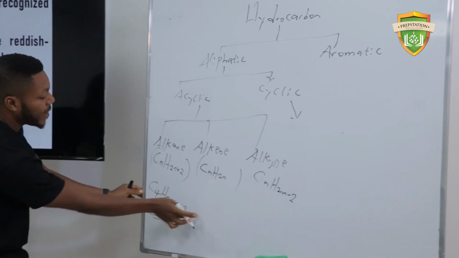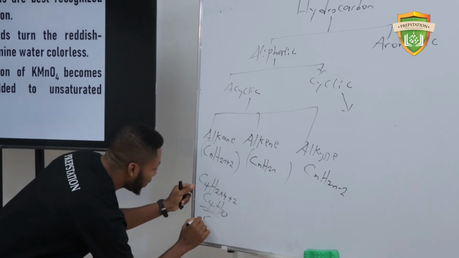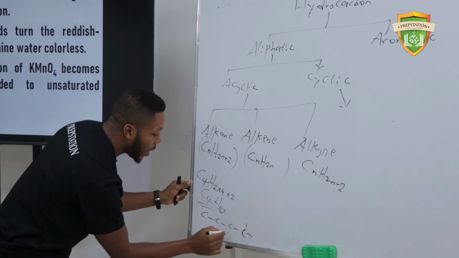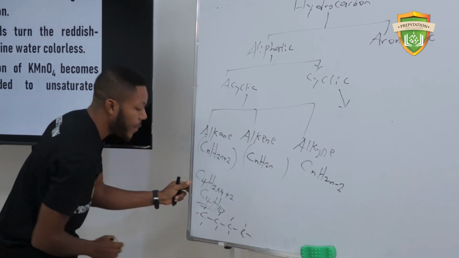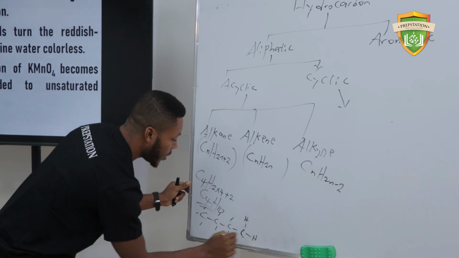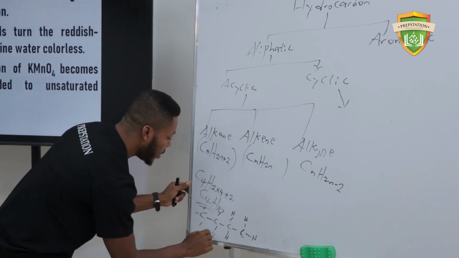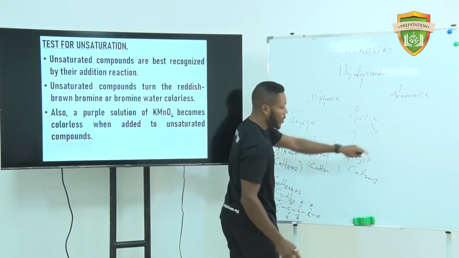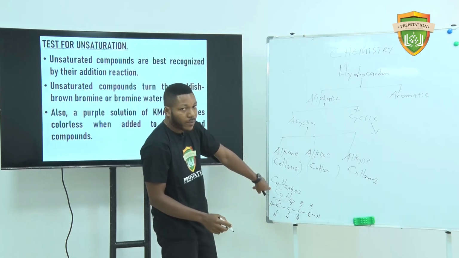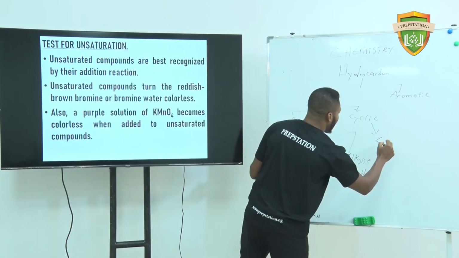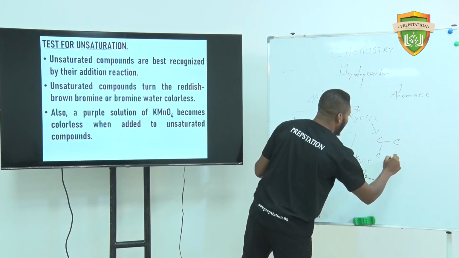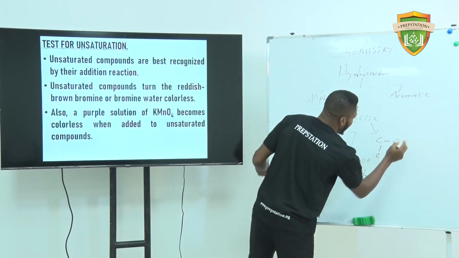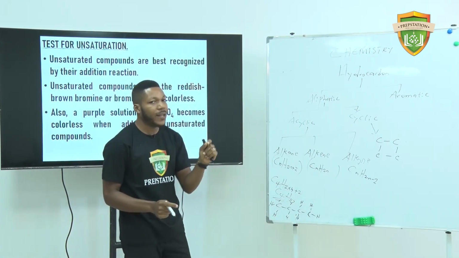Now let's take a diagram to see how it goes. So this is a normal straight chain hydrocarbon with C, C, C, C. All the others are hydrogen atoms attached to each of the carbon atoms. If you convert this to cyclic, you're going to form a ring out of the butane. So that will give us C, C, C, C, with all single bonded carbon atoms. Don't forget that carbon is a tetravalent element.